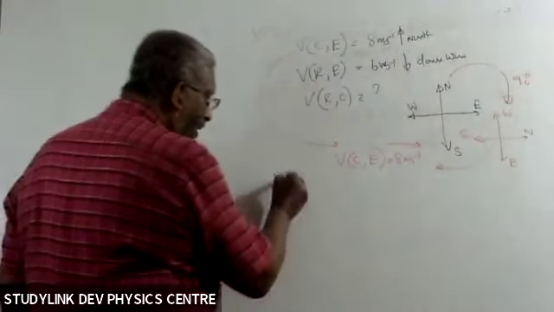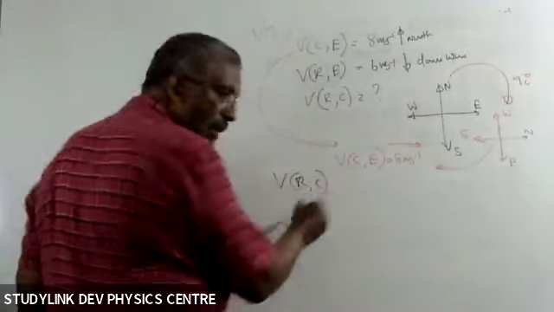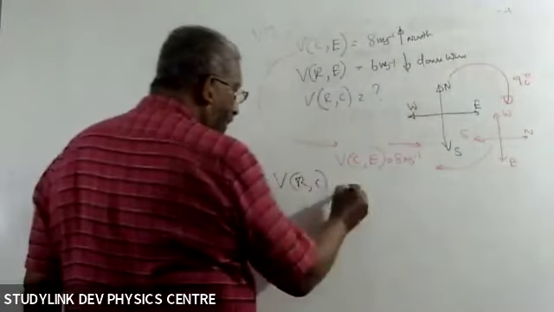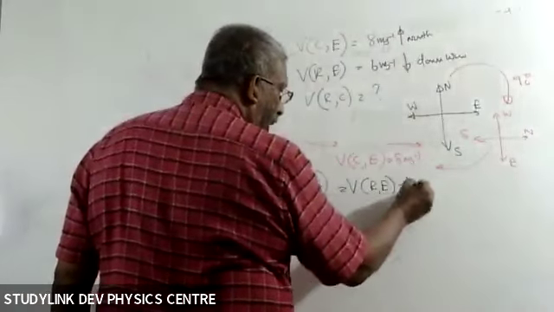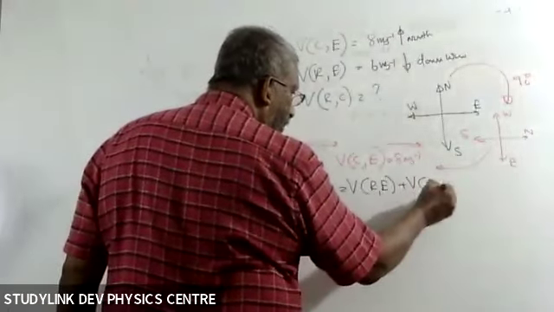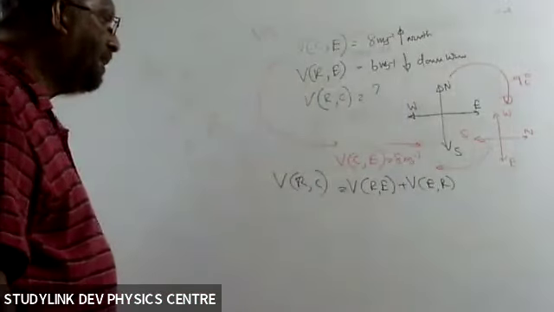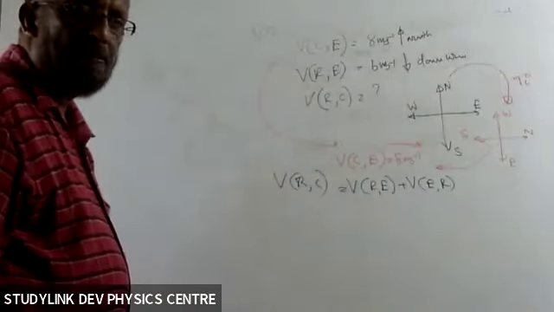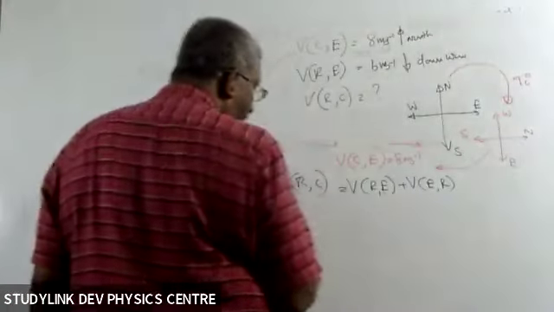Velocity of the rain relative to the car, that is V_RE plus V_EC. Then V_RC.